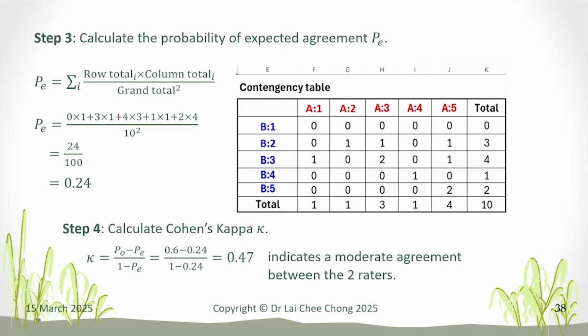Now I plug into this Cohen's Kappa formula here. And that's quite easy, by the way. It's just straightforward. So PO minus PE divided by what? 1 minus PE. You bring it out, and that's what it is, 0.46, or 0.47, sorry. Now, what does that mean? That means there's a moderate agreement between the 2 raters. Very moderate. That's how you do it.